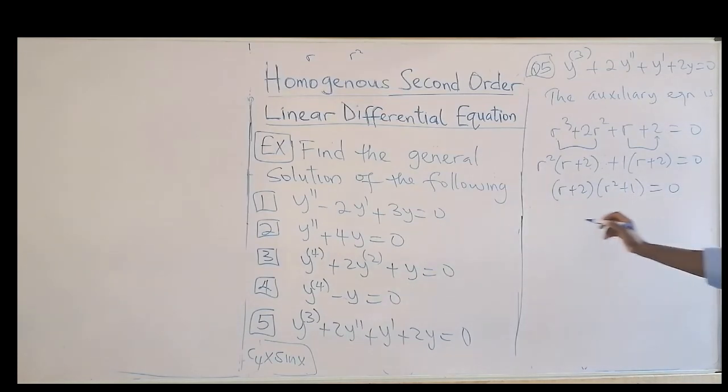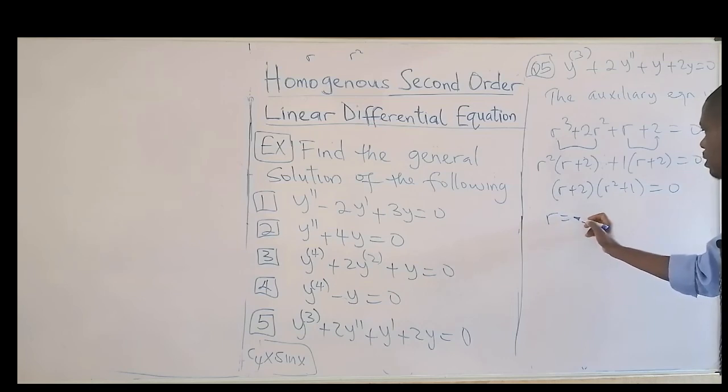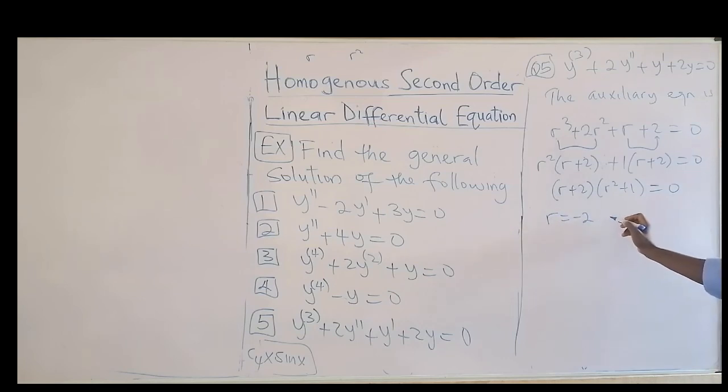So this implies r is equal to minus 2, or you solve r squared plus 1 equal to 0. Then r equals plus or minus i. I've done this one before in the previous question. So that's what we have now.